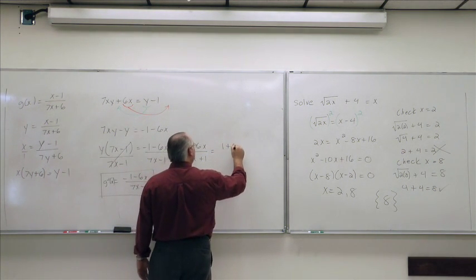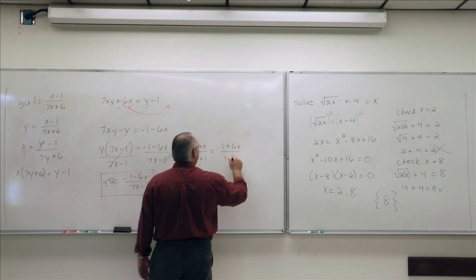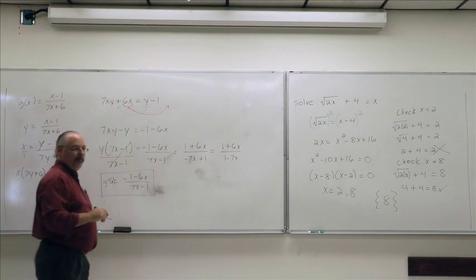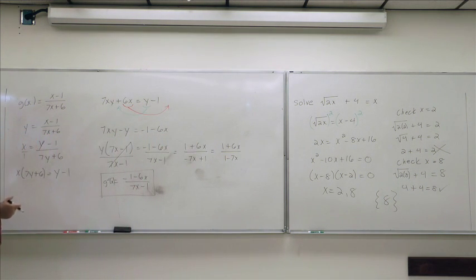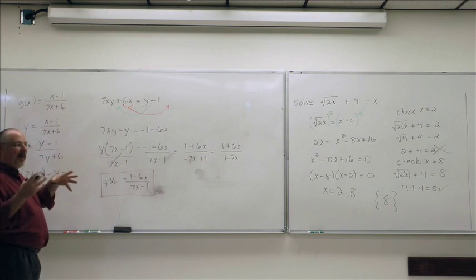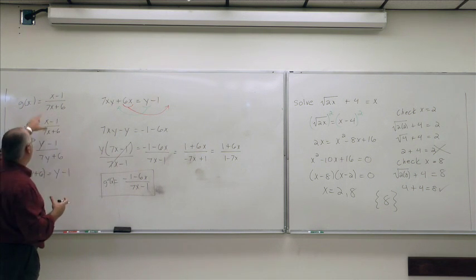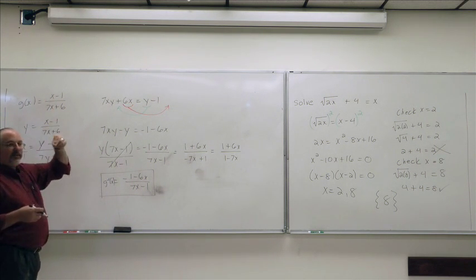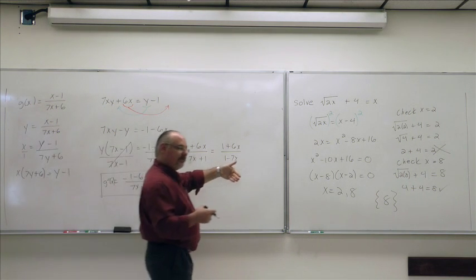Or that could be 1 plus 6x over 1 minus 7x. There's actually a pattern. If you look at how you do the algebra, there's a way to go from here to the inverse just like that using the formula.